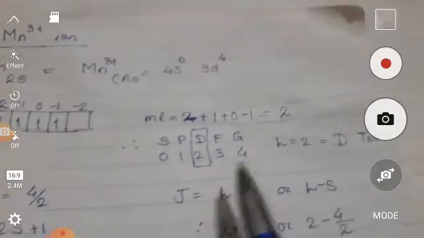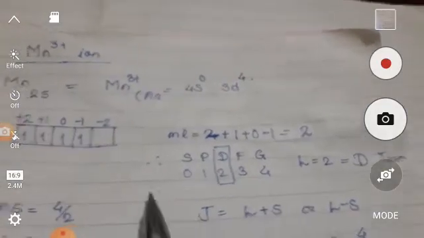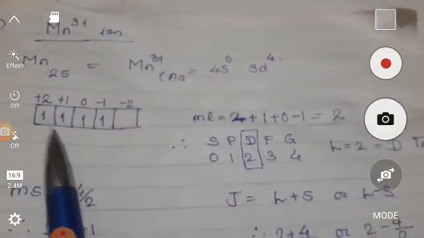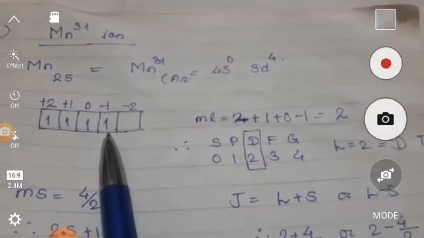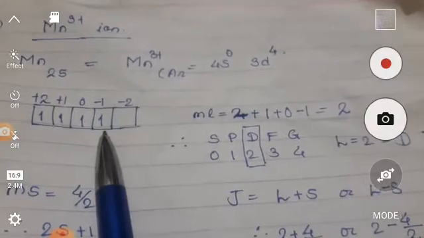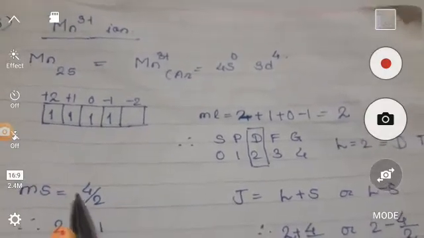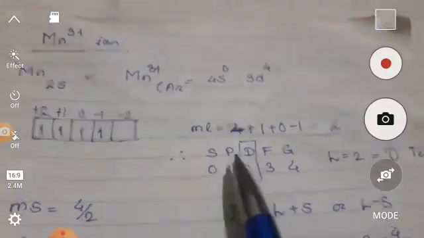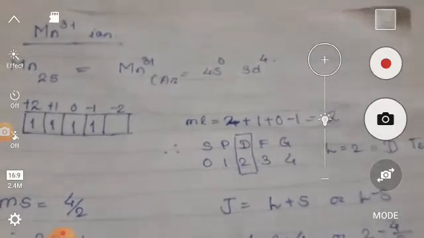That is why S is equal to 4/2. There are 4 electrons, 1/2 plus 1/2 plus 1/2 plus 1/2 is equal to 4/2. That's why S is equal to 4/2. Now calculate the term symbols.